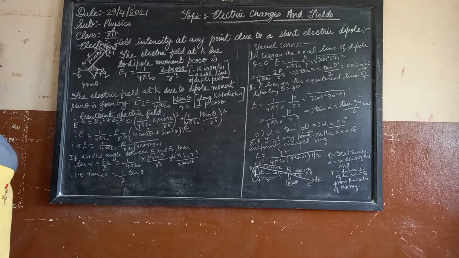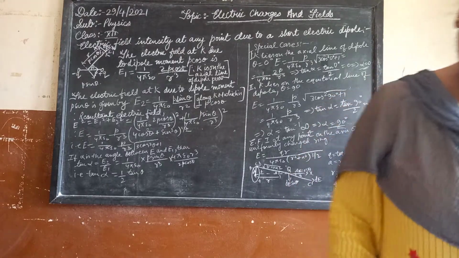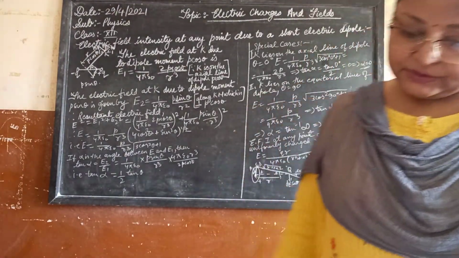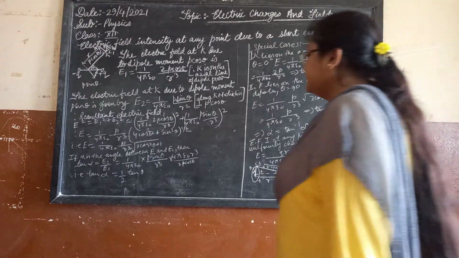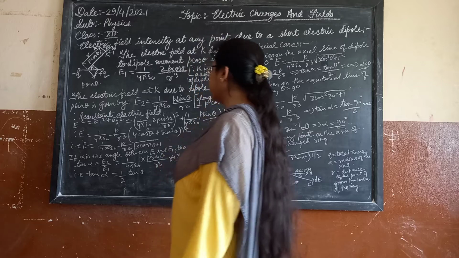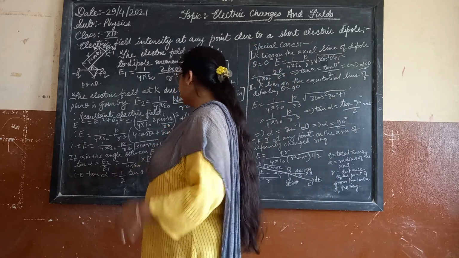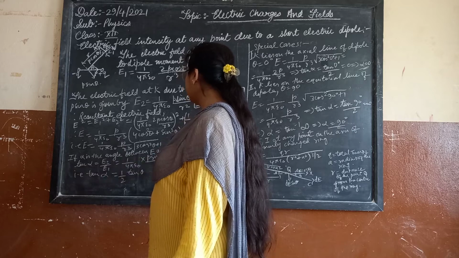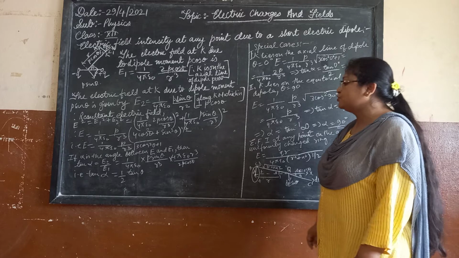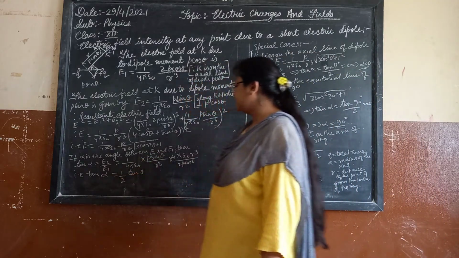So if alpha is the angle between E and E1, then tan alpha will be equal to E2 by E1, because sin and cos terms are there. So 1/4 pi epsilon 0 into p sin theta upon r cube into r cube upon 2p cos theta. Then tan alpha is equal to 1 by 2 tan theta.